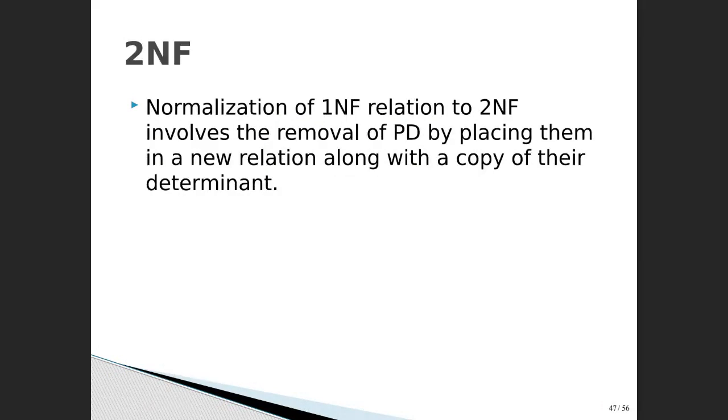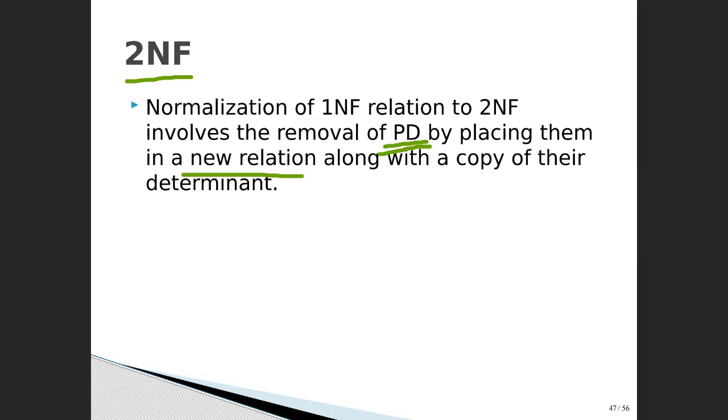Let's identify the functional dependencies for this second relation in order to remove any partial dependency and place it in a new relation. Basically, converting the first normal form to the second normal form means that we remove any partial dependency and place it in a separate relation along with its determinant, the key.